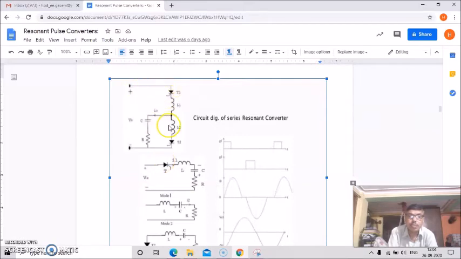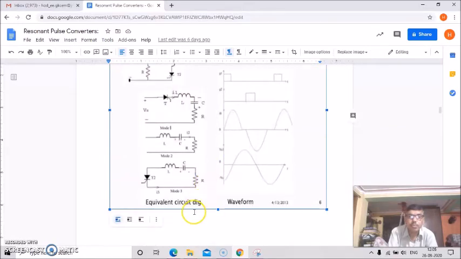This is the circuit. And this is for mode 2, and this is for mode 3.